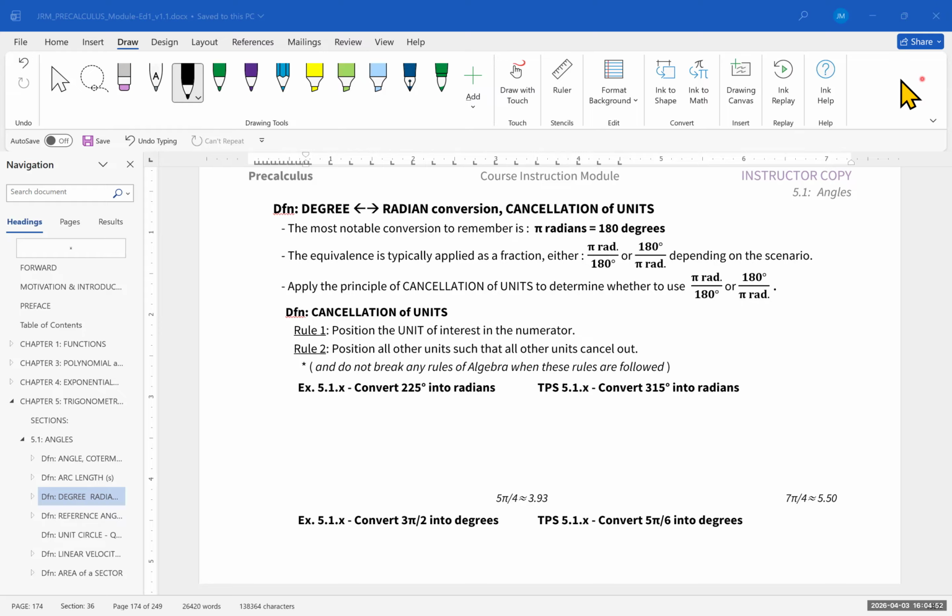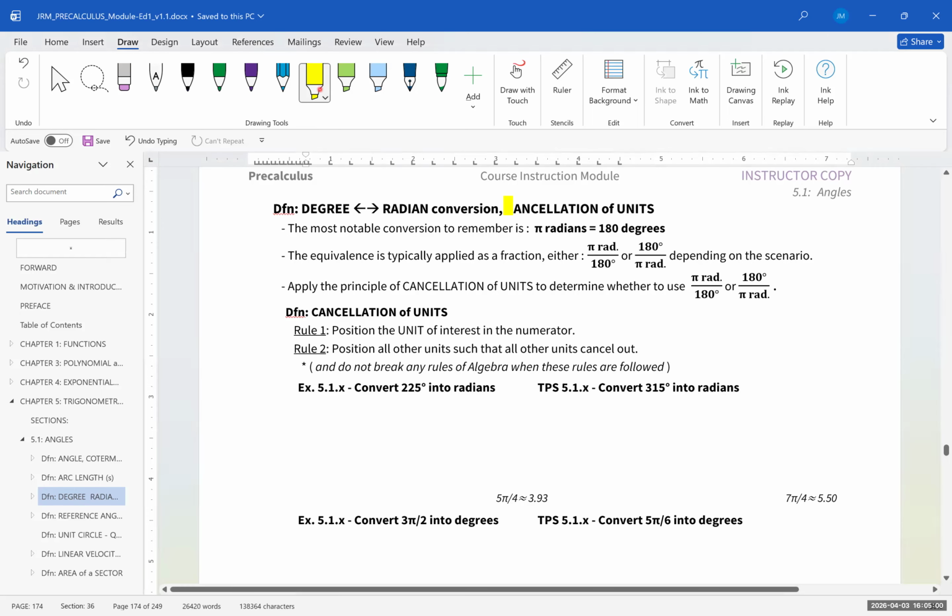And to help us with that conversion, I'm going to introduce this idea of cancellation of units. Cancellation of units is a really helpful skill to develop if you're going to go further on to any other higher class, or any other science or engineering class.